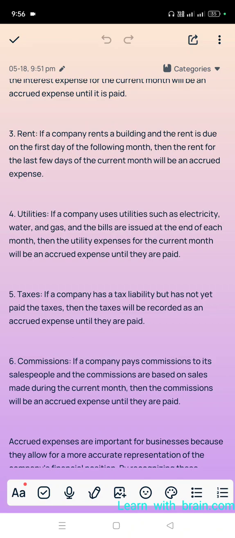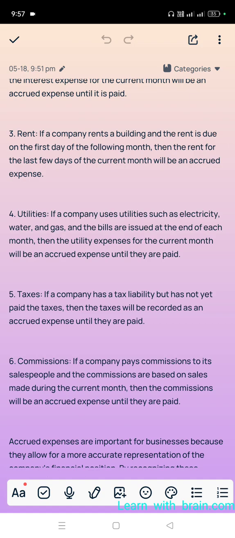For example, we take a building for rent at 10,000 rupees monthly. We pay rent on the next 10th or 5th. For the May month, we need to pay the rent on the 5th of June. So up to that it is an accrued expense.